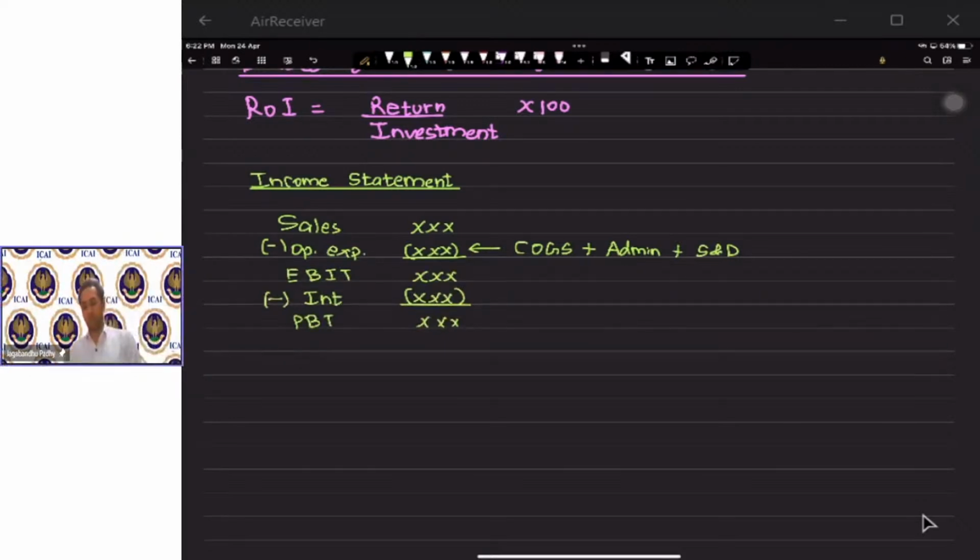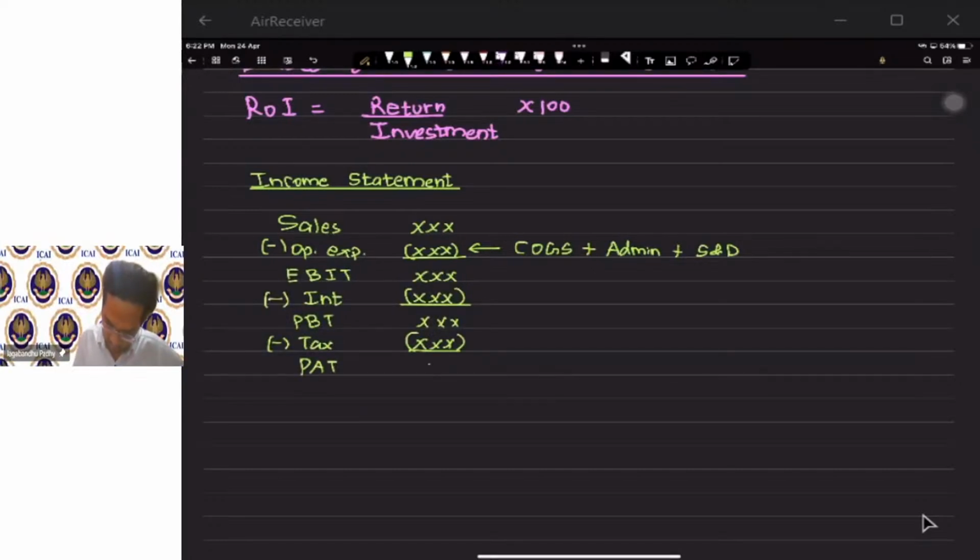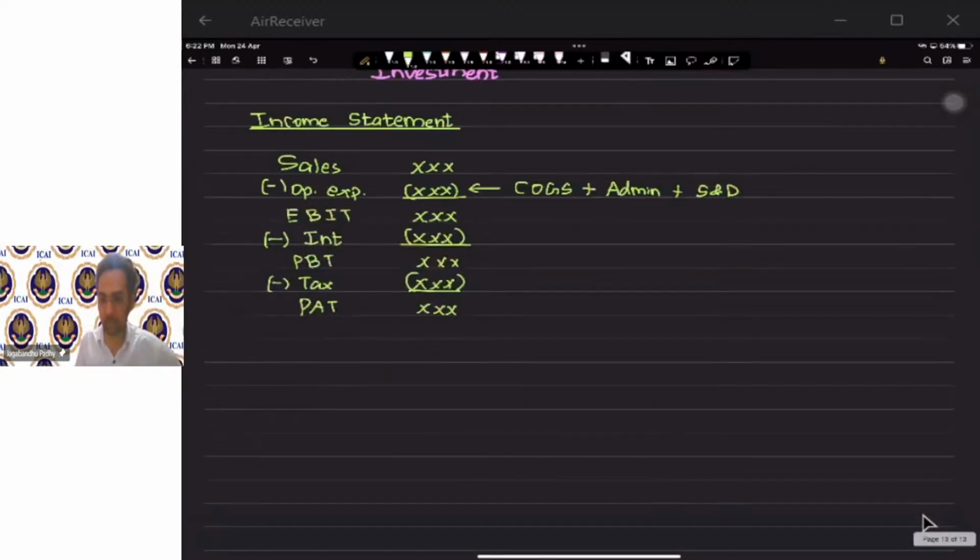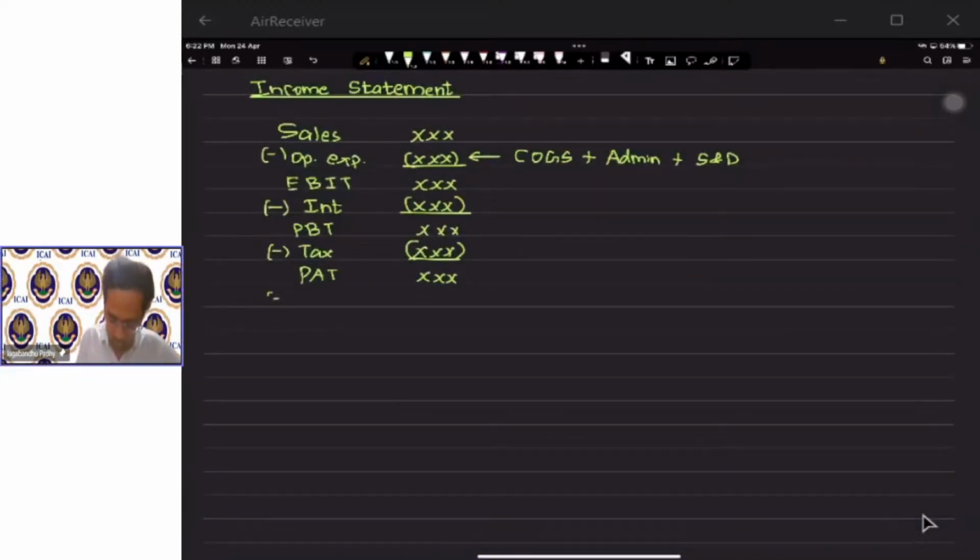From that, we subtract the taxes, and the balancing figure is profit after tax. The profit after tax is still not income for all the shareholders; rather, it is less preference dividend.